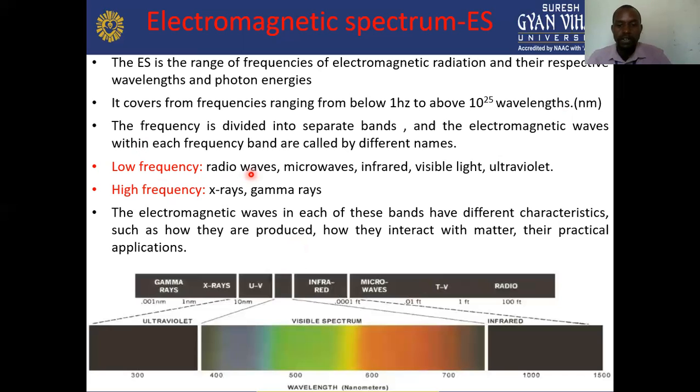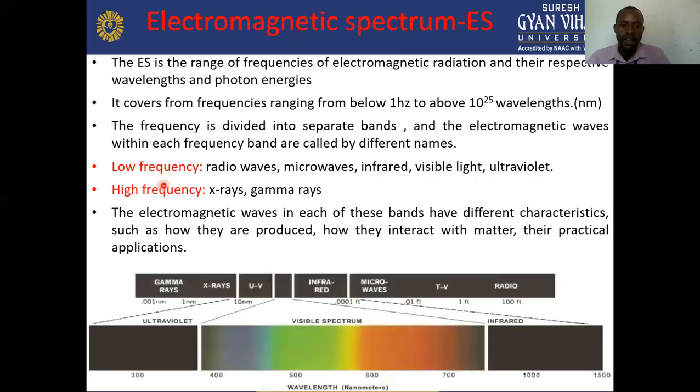So we have the radio waves, followed by the microwaves, infrared, then the visible light, and then the ultraviolet. Those are the low frequency electromagnetic spectrum. These ones do not travel far, and the energy they possess is very weak.